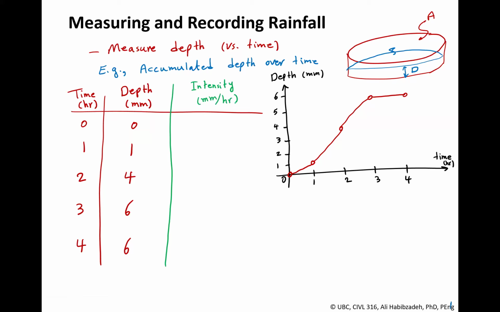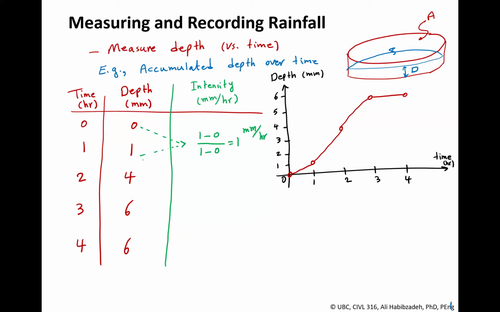If we have the depth data, as we do in this table, we can actually calculate intensity. And very simple, if we take any pair of rows of data that we have, for example, these two, we can say in this case, we had 1 minus 0 divided by 1 minus 0, or 1 millimeter per hour of rainfall during the first hour.